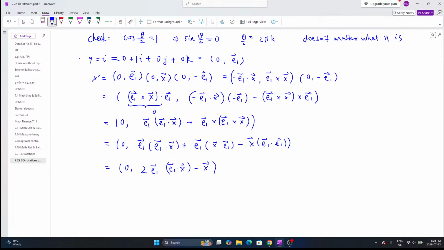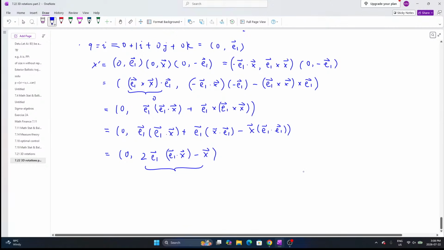This looks like a reflection. Think about that. If you have E1, let's say this is E1. E1 dot x, that's because E1 is a unit vector, that's a scalar projection of x onto E1. So this is x.